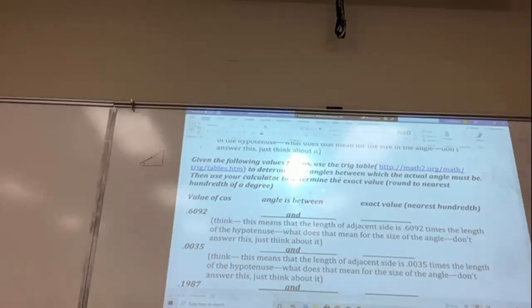Then I'm going to have to look at the size, and then go back up. So in between these two numbers, but if I'm using this, I have to go over to the other side and use those things.